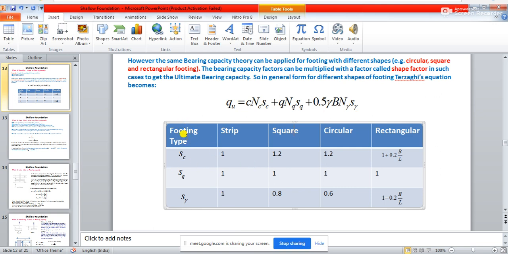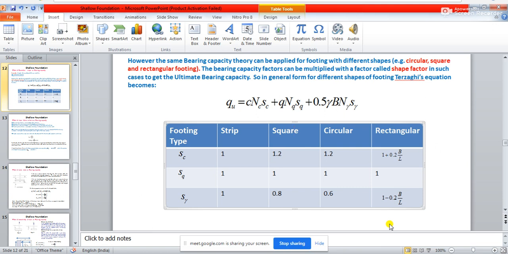So, you notice in case of strip footing the values of shape factors are 1, 1, 1. In case of square footing they are different, in case of circular footing they are different, in case of rectangular footing they are different. So, basically Terzaghi's shape factor takes care of the shape of the footing in the ultimate bearing capacity equation, which is derived by Terzaghi for strip footing.